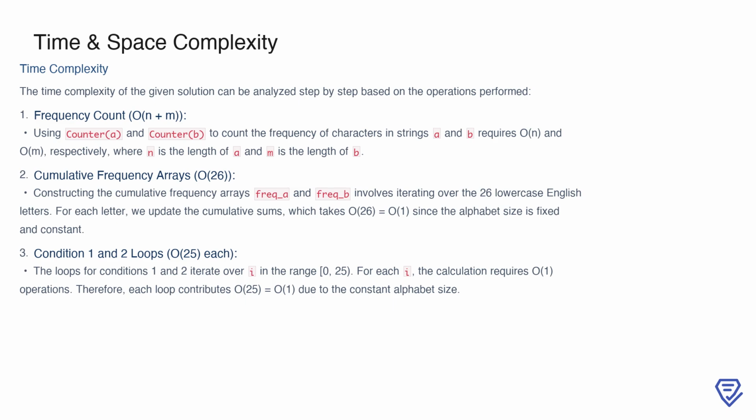Since the alphabet size is fixed, iterating over these letters and updating cumulative sums takes O(26), which simplifies to O(1). Then, we evaluate the loops for the first 2 conditions. These loops iterate over the range of 25 alphabet indices, performing constant time calculations for each index. As a result, each loop contributes O(25), which again simplifies to O(1), due to the constant size of the alphabet.